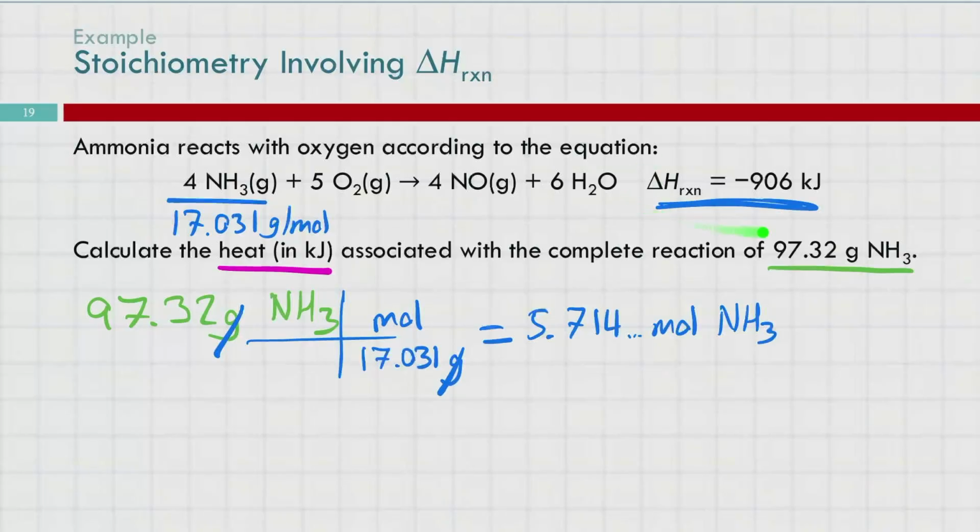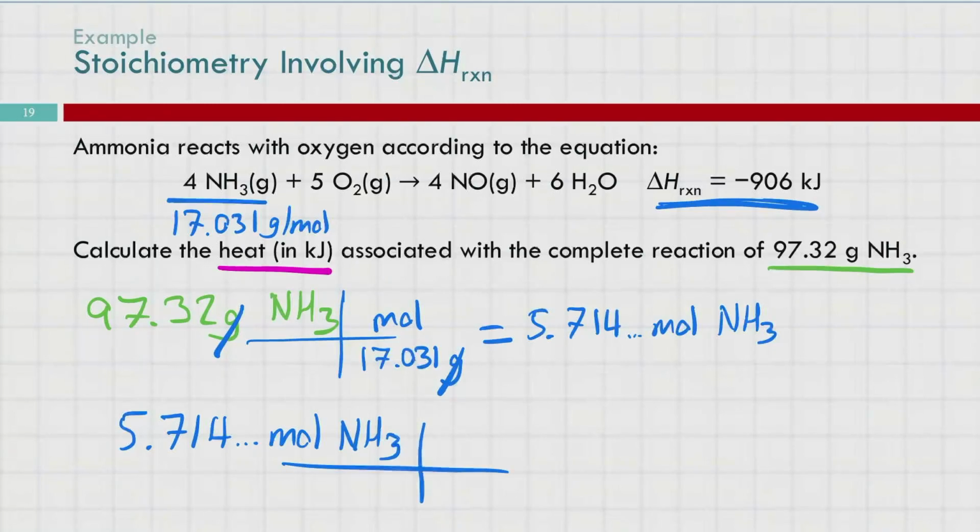Yeah, we use our ratio. So we're constructing a ratio with our delta H and the coefficient that we have for our ammonia. So 5.714... to mean that there's other things behind it.